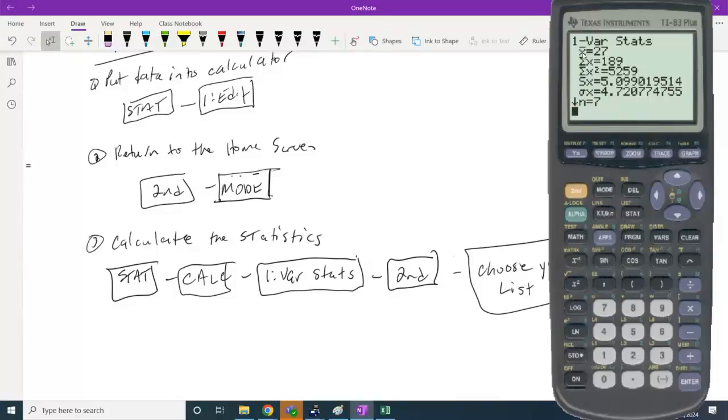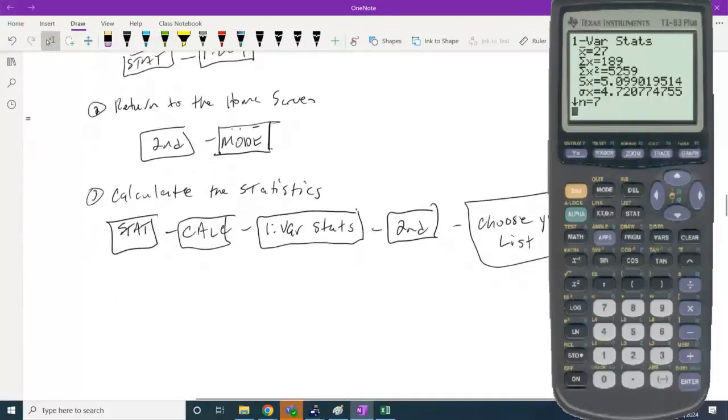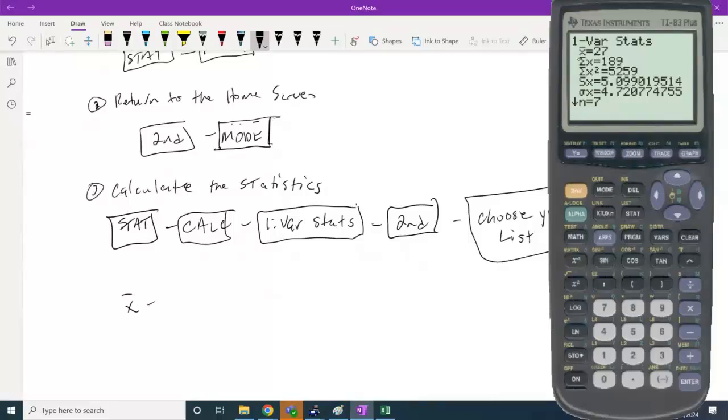Okay. So the first thing we see is X bar. X bar, that is the mean. That's both the sample mean and the population mean.